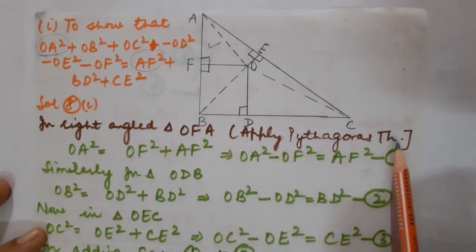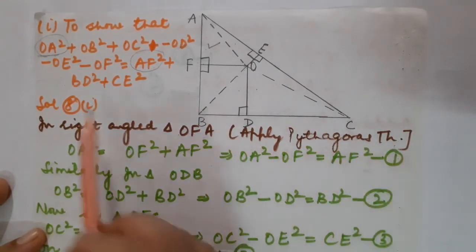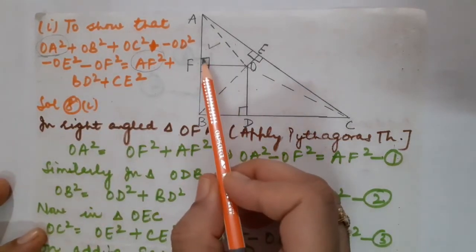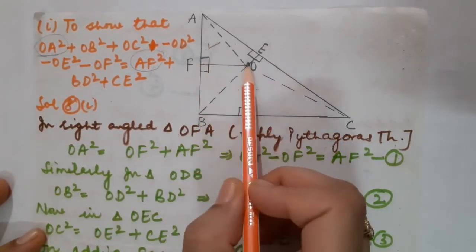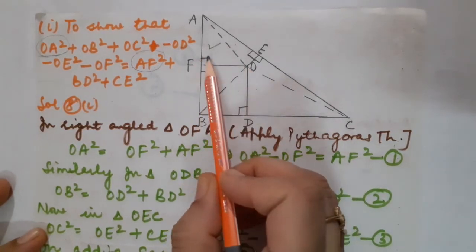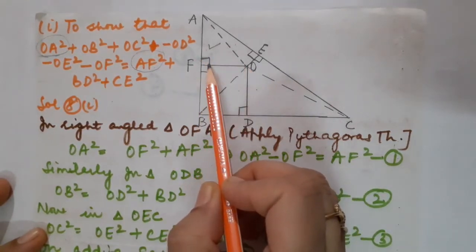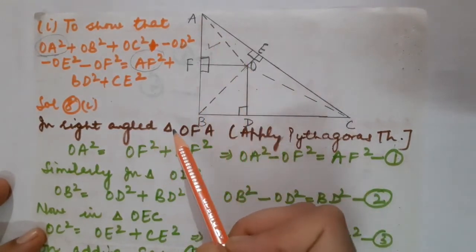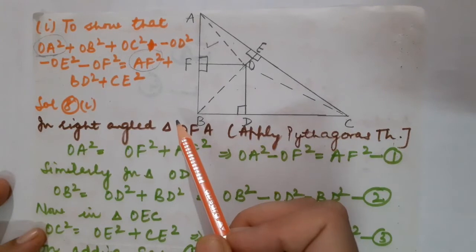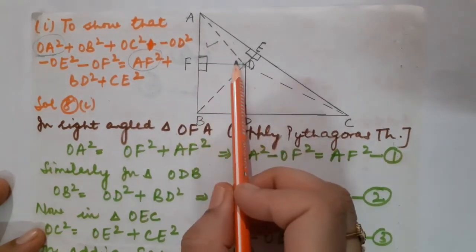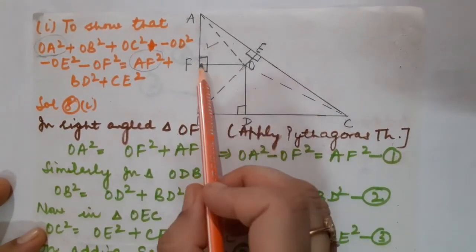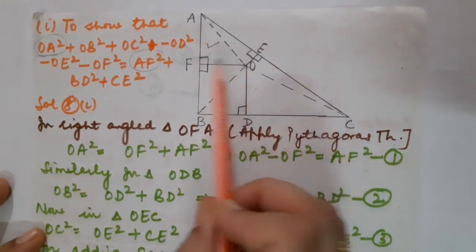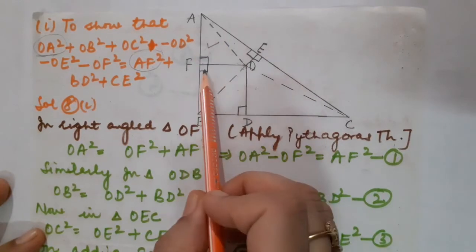Now I am going to apply Pythagoras theorem in it as per the demand of the question. So you can see that AFO is a right angle triangle, right angle at vertex F. So definitely AO will be the hypotenuse. So apply Pythagoras theorem. What is Pythagoras theorem? Hypotenuse square is equal to base square plus height square. So it would become AO square is equal to OF square plus AF square.